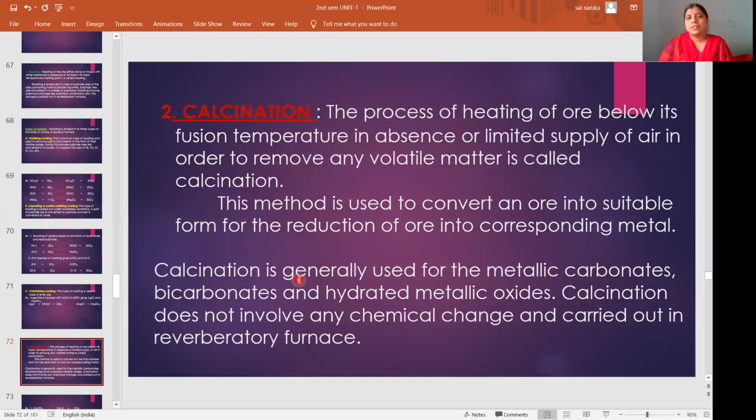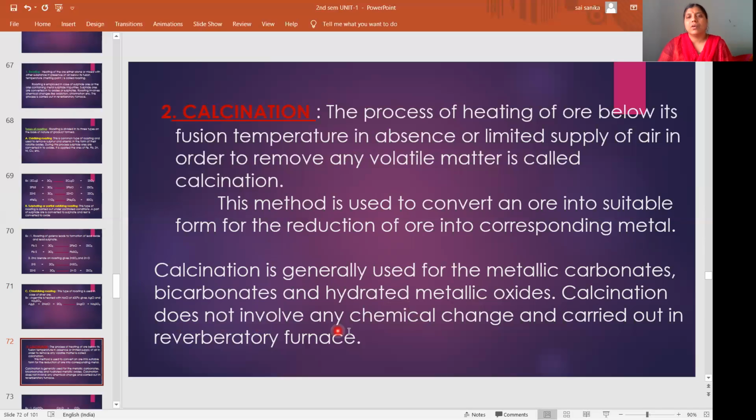Calcination is generally used for metallic carbonates, bicarbonates and hydrated metallic oxides.